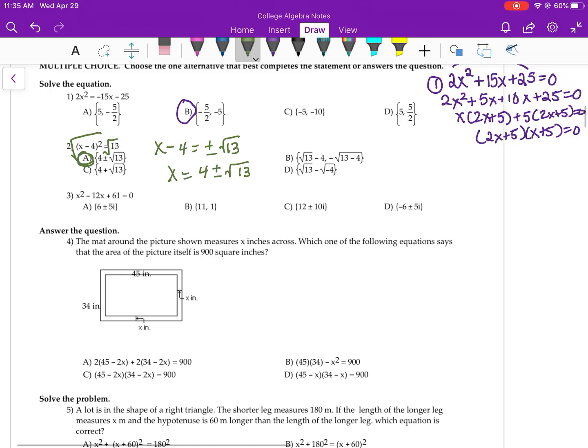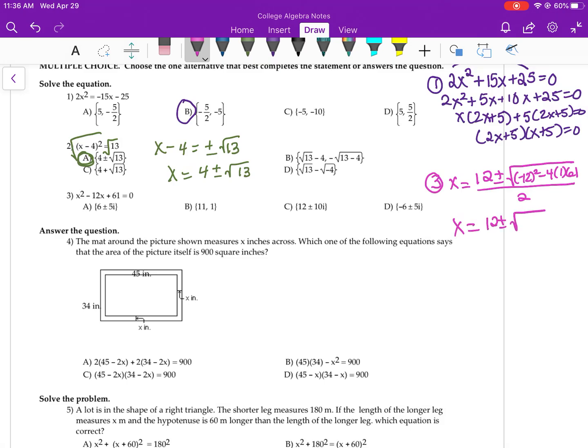Number 3, 61. Don't really think I want to try to factor that. In fact, it's probably a prime number. So on number 3, I'm going to use the quadratic formula. X equals negative b, and then plus or minus the square root of b squared minus 4ac, all over 2a. 61 times 4 is 244.